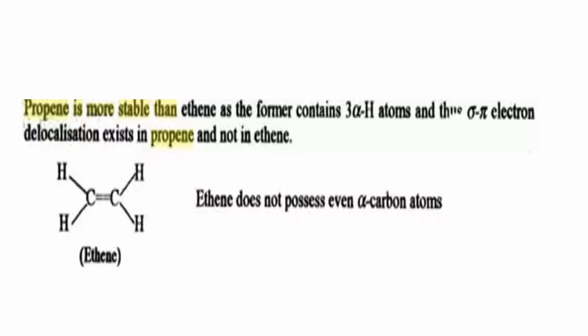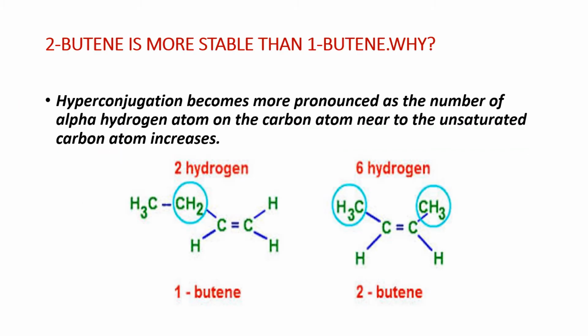Propene is more stable than ethene as the former contains 3 alpha hydrogen atoms, and the sigma-pi electron delocalization exists in propene and not in ethene. Ethene does not possess even an alpha carbon atom. Then, 2-butene is more stable than 1-butene. Why?